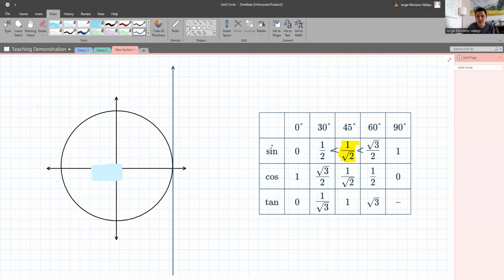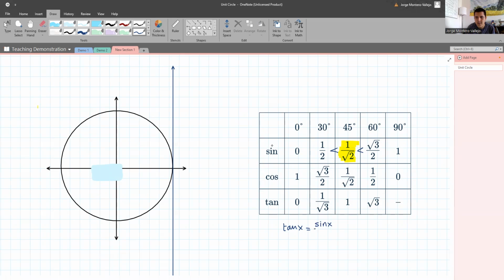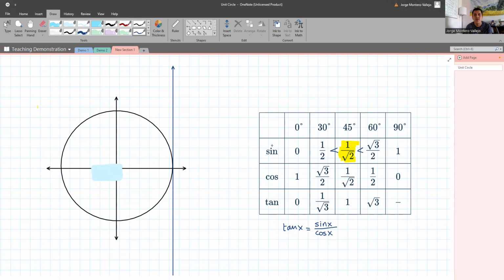That is because tangent of some angle is actually the same as sine of that angle divided by cosine of that angle. So if we are wondering about tangent of some angle, all that we need to remember is sine and cosine of that angle, and then divide sine by cosine, and that will give us the tangent value.